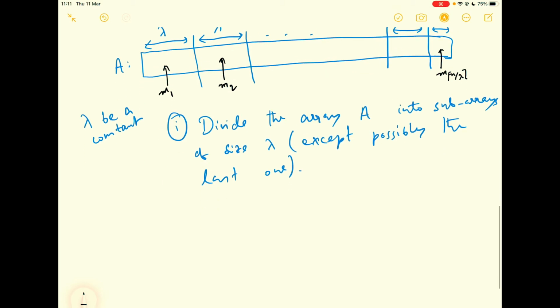Okay, so the second step is find median of each of these subarrays.